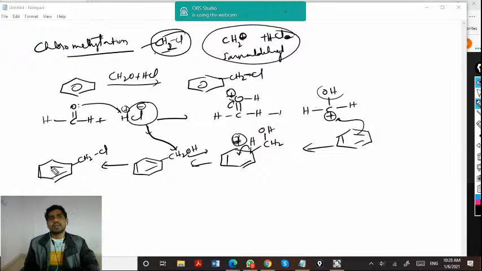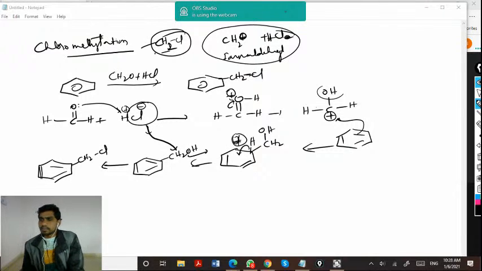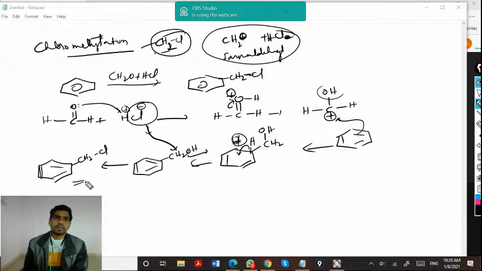So resulting CH2Cl. The final outcome is chloromethylated benzene. Okay, benzene to the chloromethylated benzene. So that's why it is called chloromethylation.